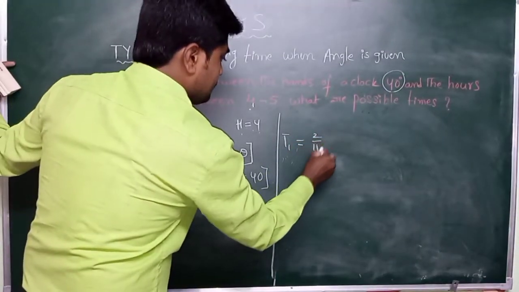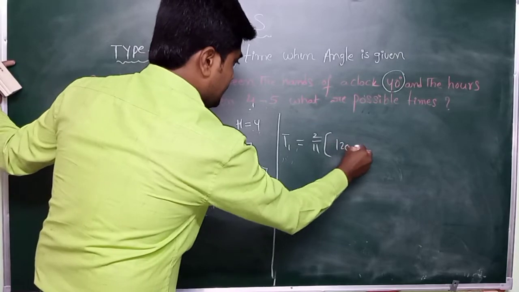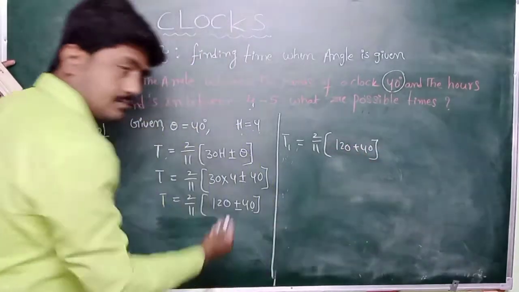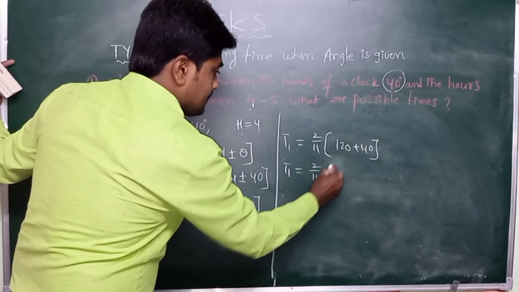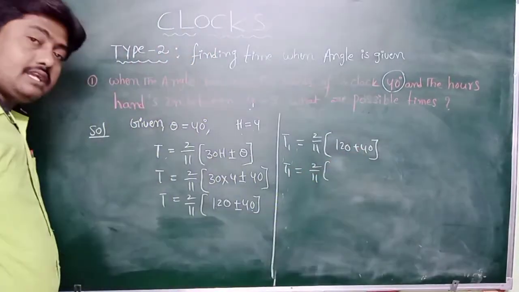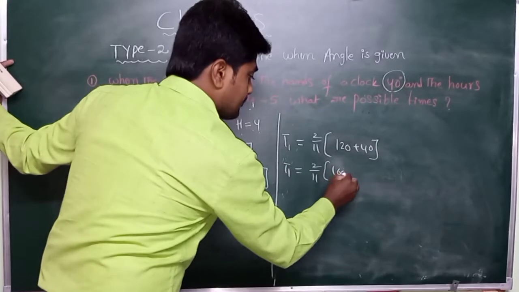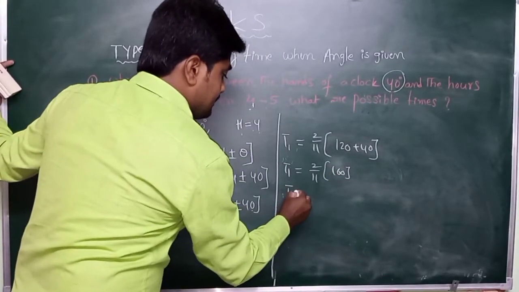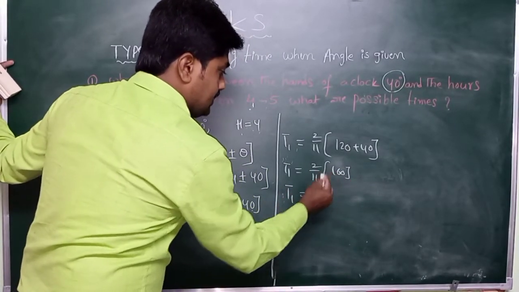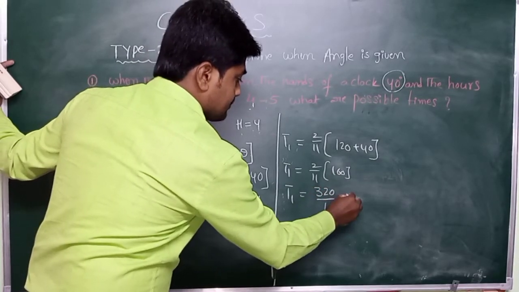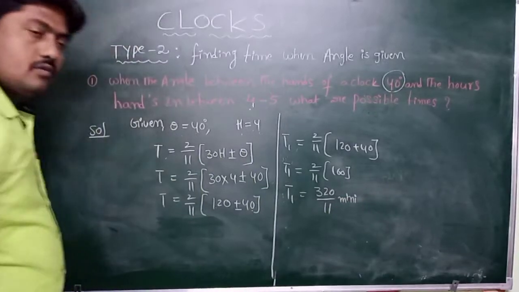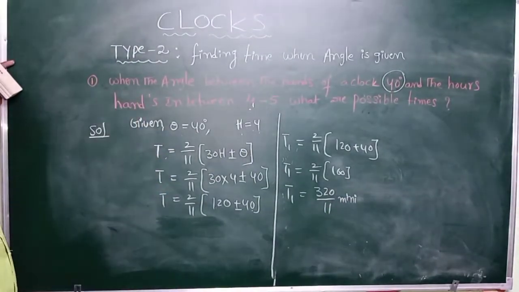So 2 by 11 into (120 plus 40), which is 160. So time is 160 into 2, which is 320 by 11 minutes. That is the first time.